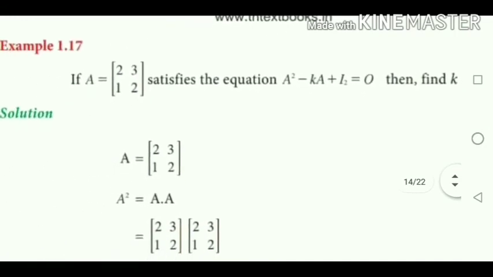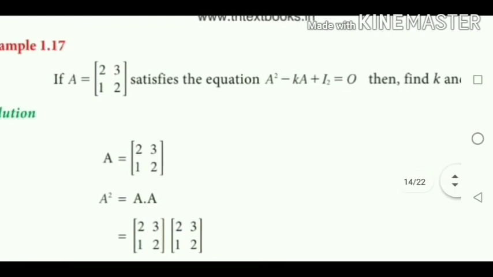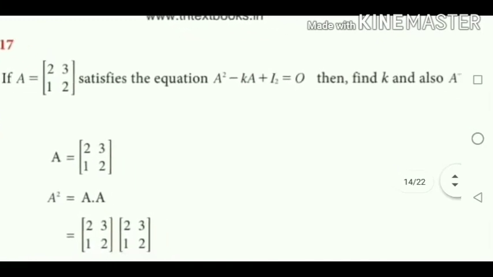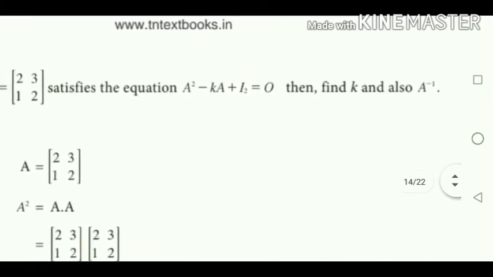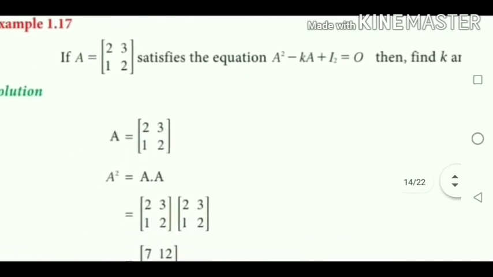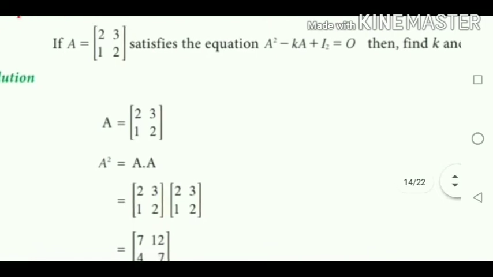Listen here, three questions are given. First you have to use the equation A square minus K into A plus I2 equal to 0, then find K and also A inverse. Here A equal to 2 3 1 2.